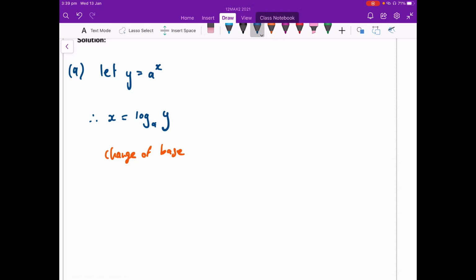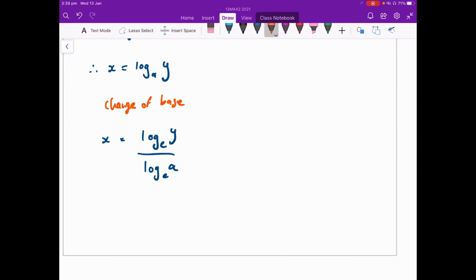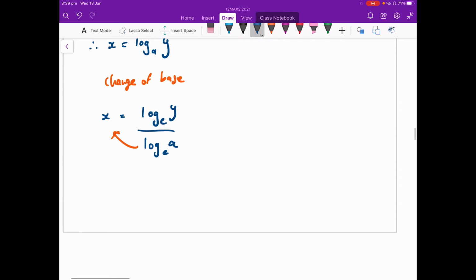So x would equal, using the base e, log to the base e of y over log to the base e of a. Here I'm going to multiply both sides by the denominator, so I get x ln a is equal to ln y.